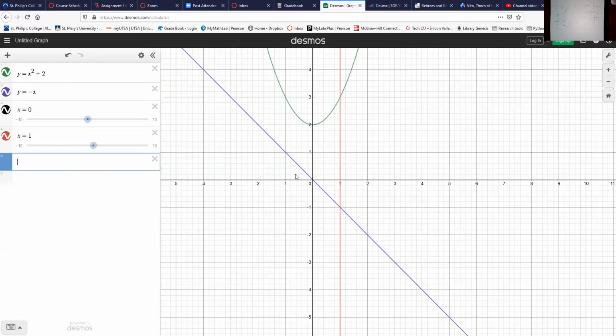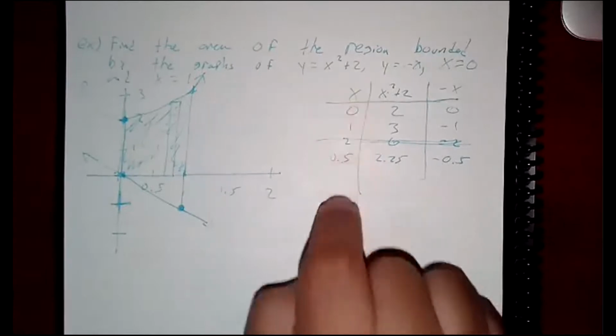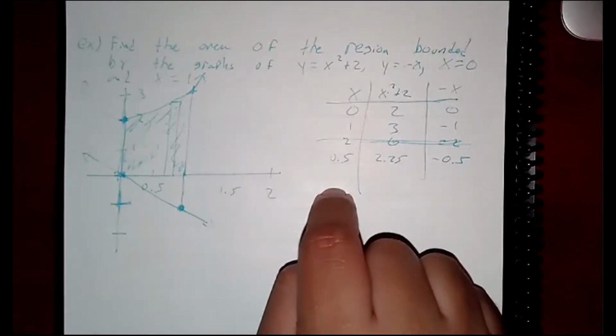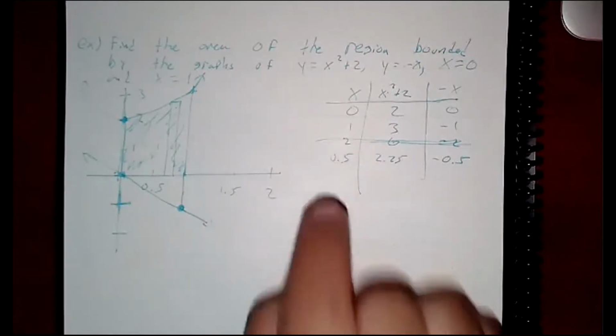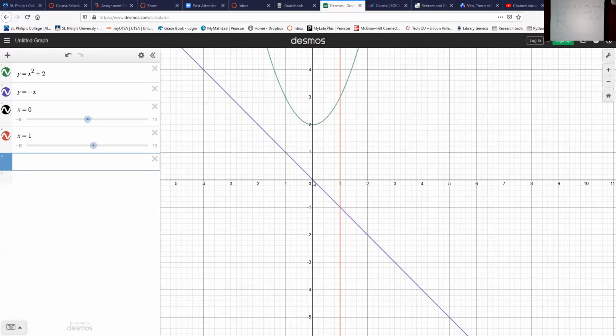I mean, if you couldn't see the functions by looking at them, then it seems difficult or weird how I just chose these numbers here, right? But if you're not good at graphing, then graph them somewhere else, like I did over here, and then go through it and say, okay, well, my integral will be from 0 to 1. The top function is the parabola, bottom function is the line, right?